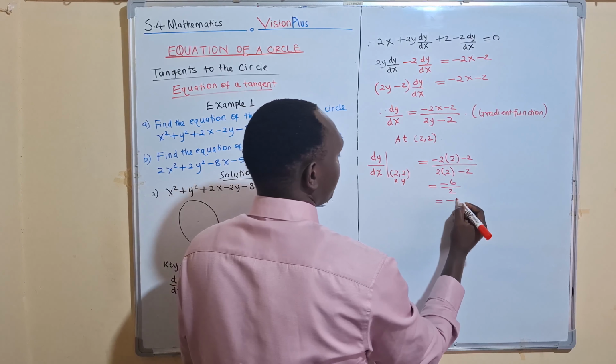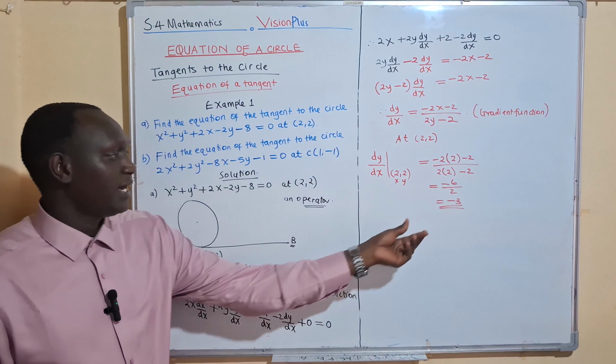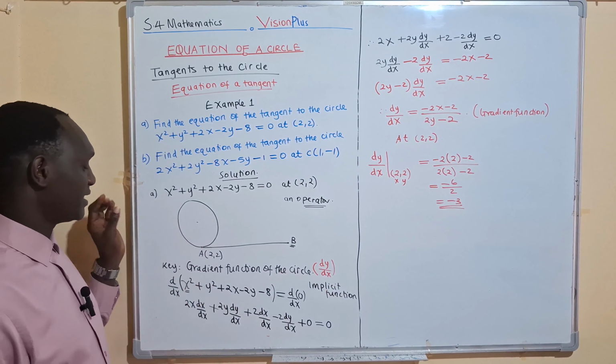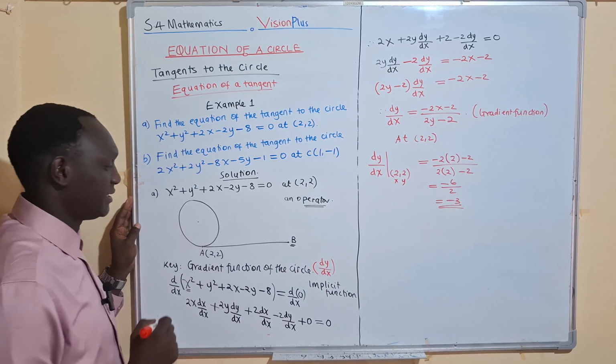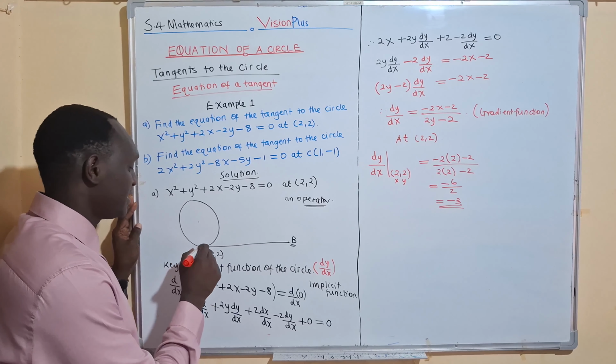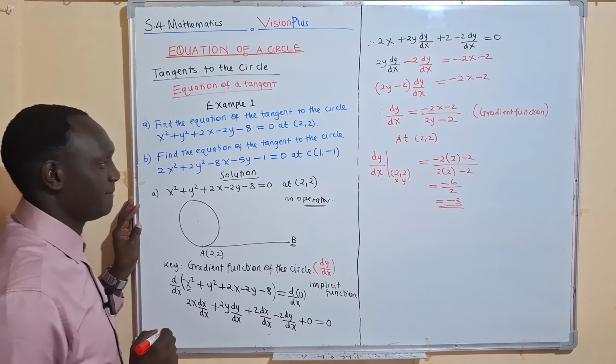That means we shall have negative 3. Okay. So negative 3 is the gradient of the circle at point A.